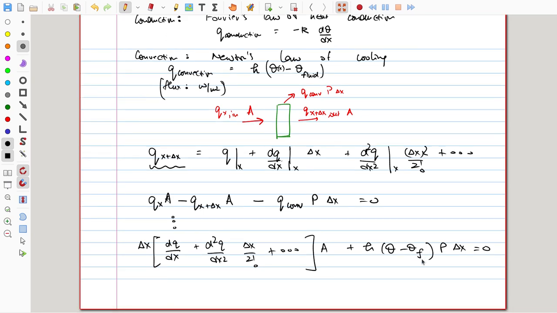So, we have a delta x common, so I can divide everything by delta x. This delta x simply goes away, so I will remove that from both expressions.